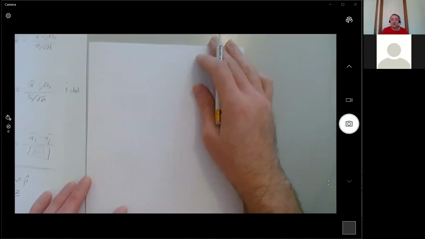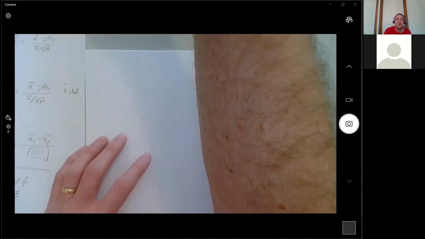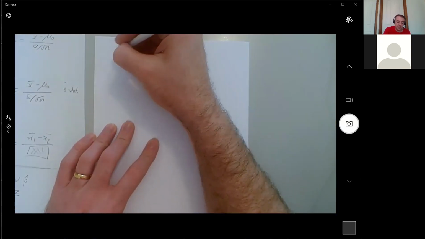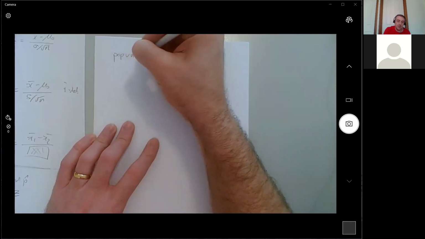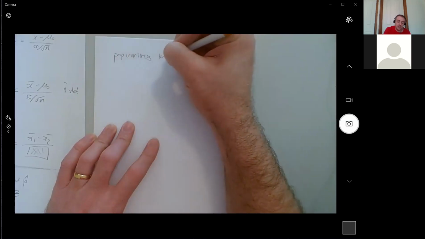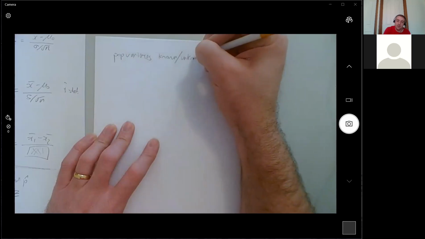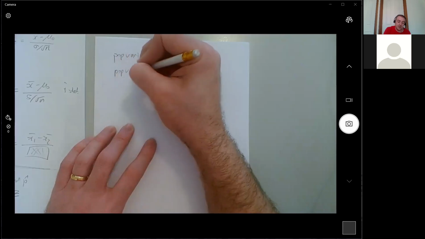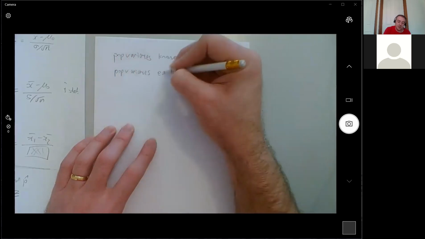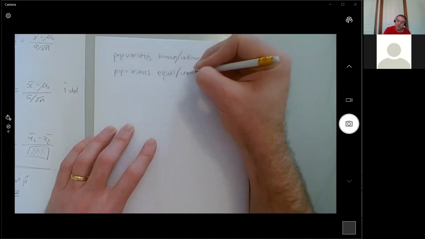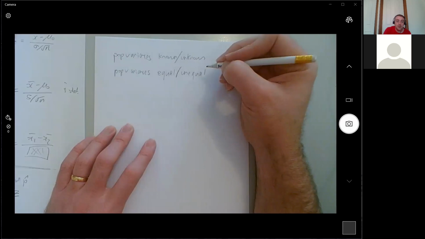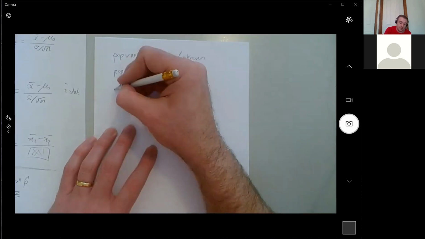Okay, so it looks to me like we have some more situations that we need to distinguish between. So based on just that question, we have population variances known or unknown. Okay, and we can have the population variances equal or unequal. All right, and the samples can be independent or not.